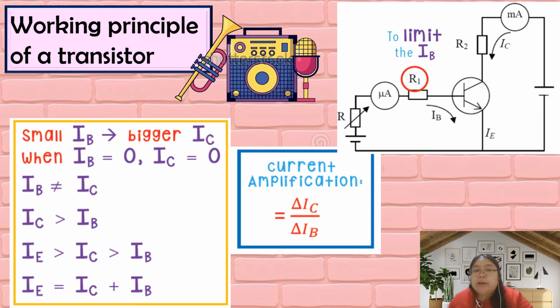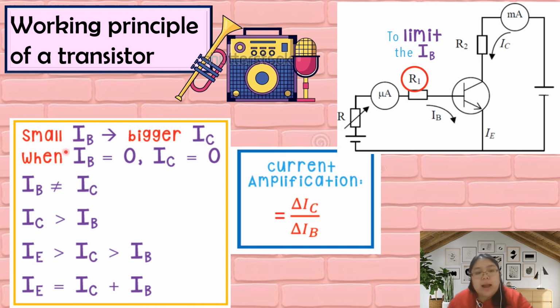Now we are going to see the working principle of the transistor. A small IB, the base current, can produce a bigger IC. Just now I told you the transistor functions as an amplifier. If I produce a small current at the base, the collector current can produce higher readings.